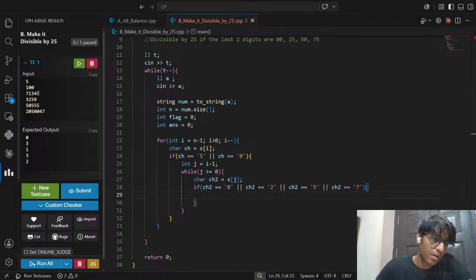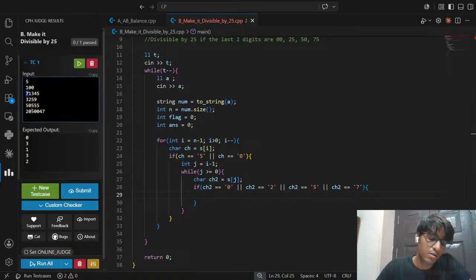Like if it's 5 and then the last character is 7, then it's 4 minus 0, which is 3. So there are 3 characters between them, like 0, 1, 2, 3. So 4 minus 0 minus 1.